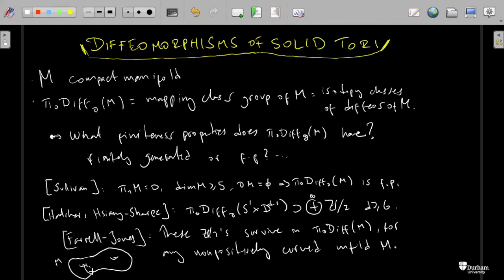Assume this is oriented, so the normal bundle is trivial, and then you can do one of these diffeomorphisms in this neighborhood of the closed geodesic, and since they are the identity on the boundary, just extend them by the identity outside the tubular neighborhood. And they show that that kind of diffeomorphism actually is non-isotopic to the identity.